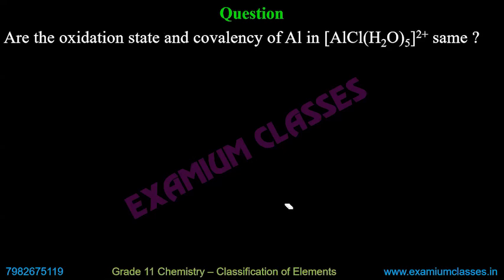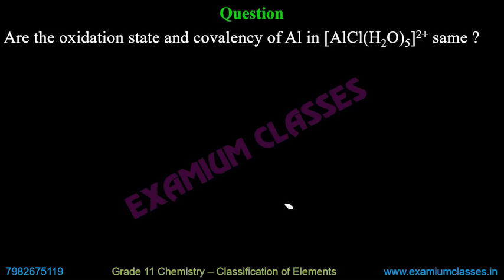Next, are the oxidation state and covalency of aluminum in this particular compound the same? Now remember, covalency is something in a molecule, by how many ligands it is connected to. Covalency is by how many atoms it is connected to.